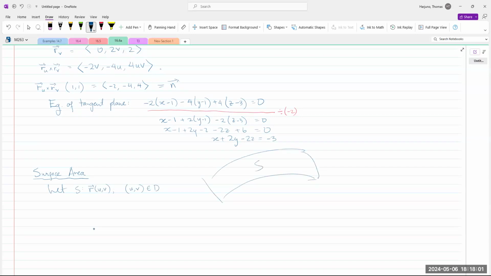This is surface S, and the domain is D. Then the area of surface S is the double integral over D of the magnitude of the cross product.